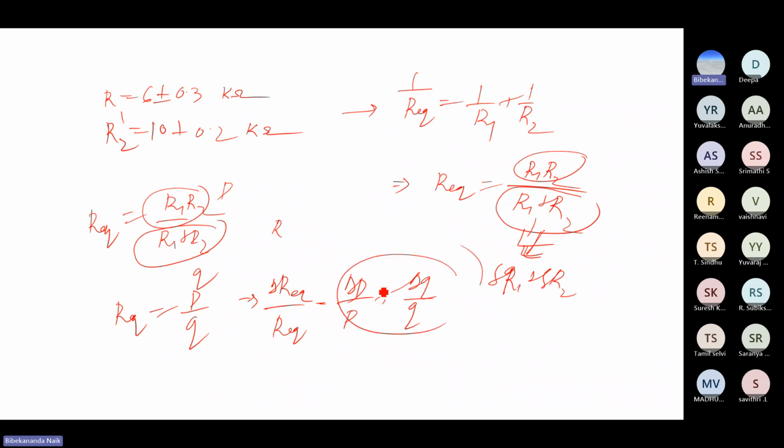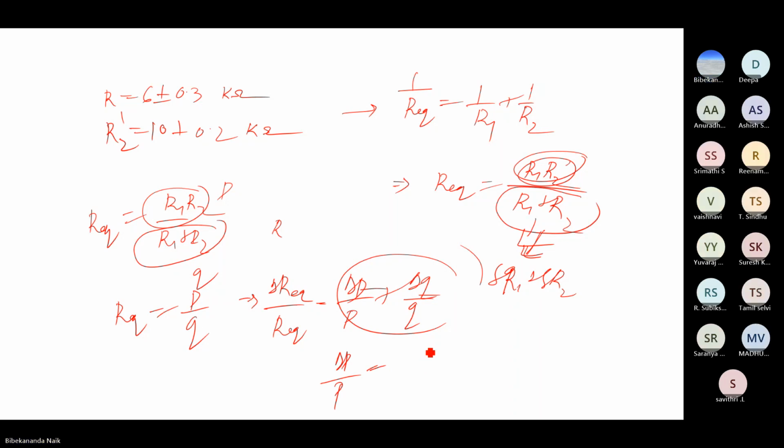Then again we will find delta P and delta Q. In delta P by P, since the term is R1 into R2, it will be delta R1 by R1 plus delta R2 by R2.